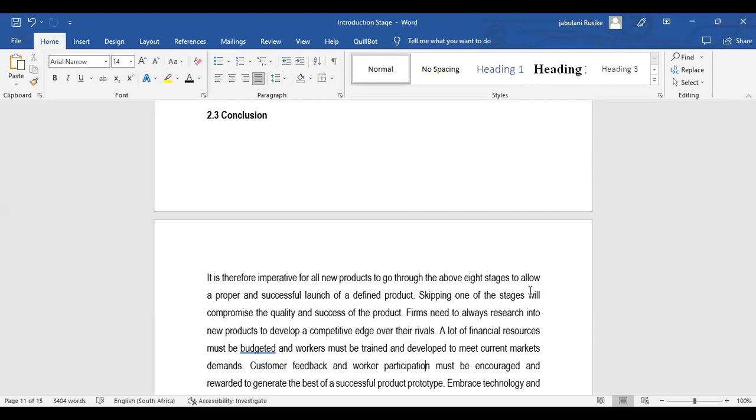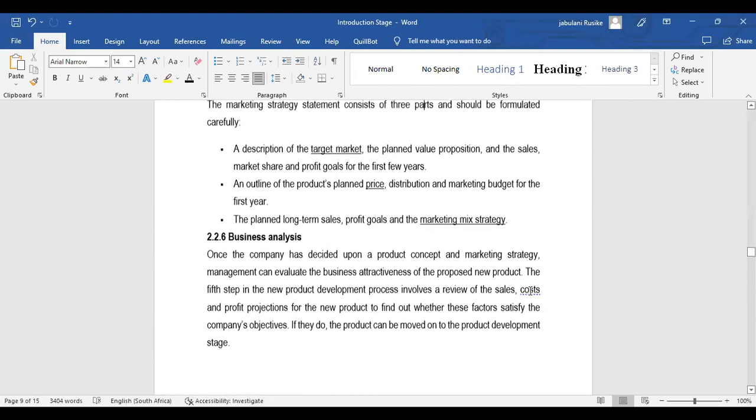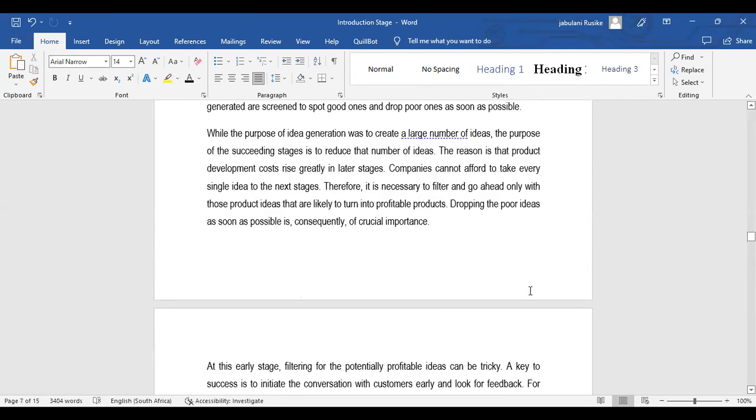Sometimes the marker can get bored in marking your work. So it is very important to present your work in such a way that it makes it easy for whoever marks your essay to mark.